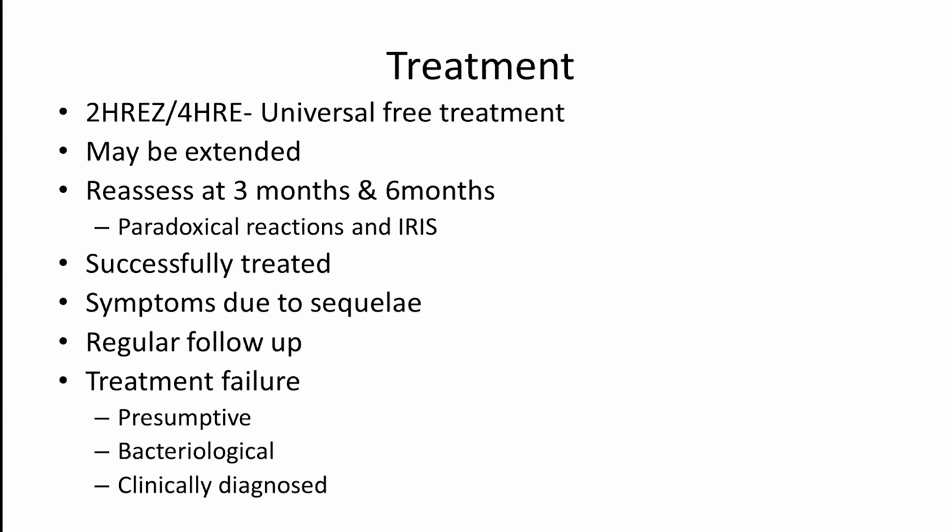So you should follow up the patients regularly to assess whether they require any more treatment or not. Treatment failure can also be presumptive, bacteriological or clinically diagnosed, but it is difficult to assess because bacteriological diagnosis is available in less than 20% of cases. Thank you.